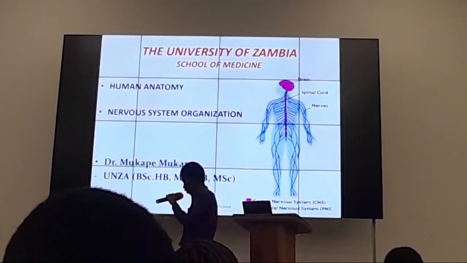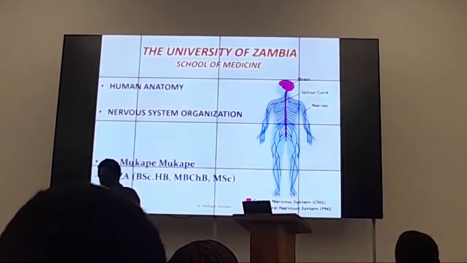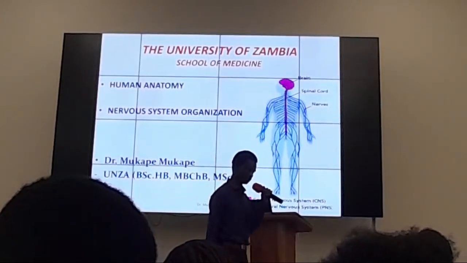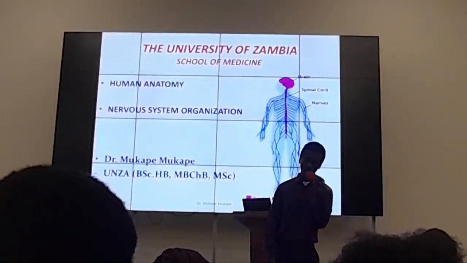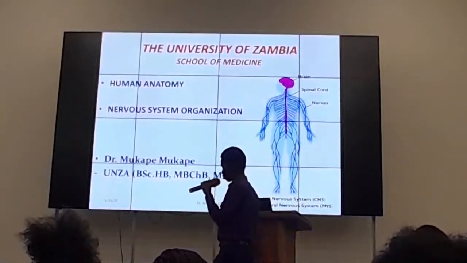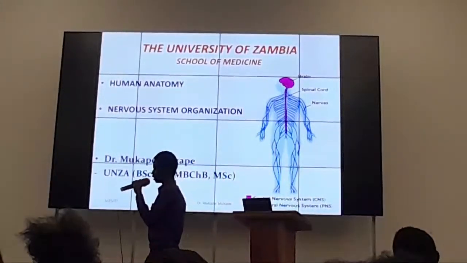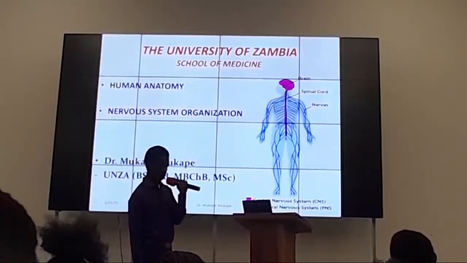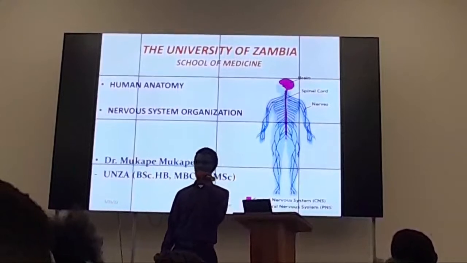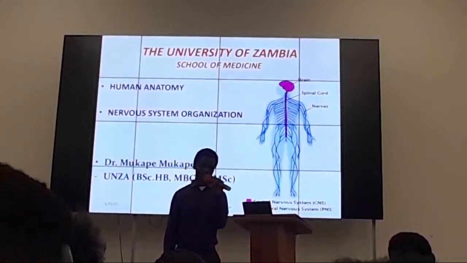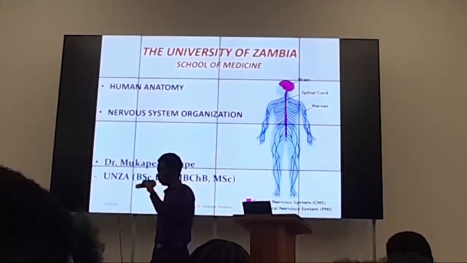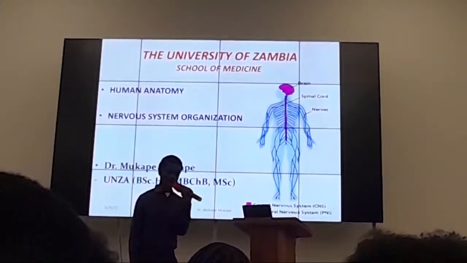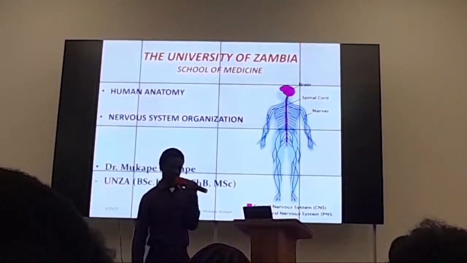This gives us one form of classification of the nervous system, which is the anatomical classification. So anatomically, the nervous system consists of what and what? Central nervous system and peripheral nervous system.